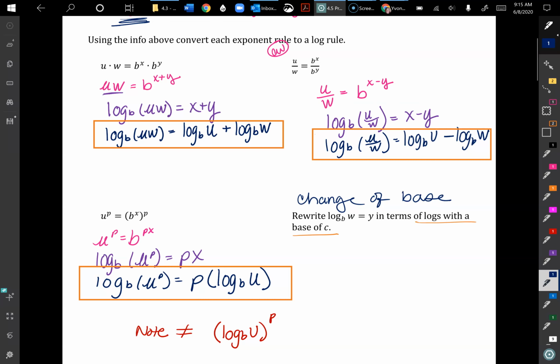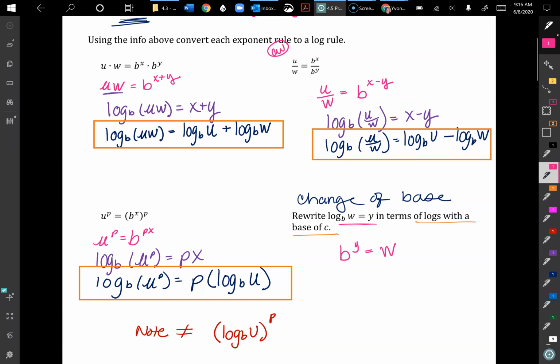So what we'll start with is, again, just writing our substitution in there. So we have b to the y equals w. So we actually just put this log form in exponent form. Okay. Just kind of rearranging it.